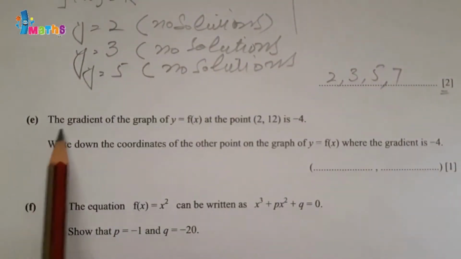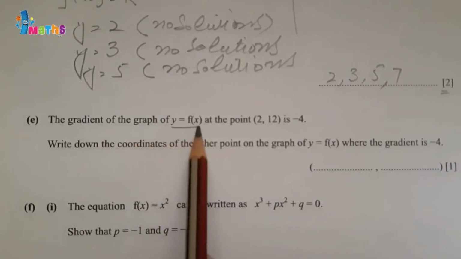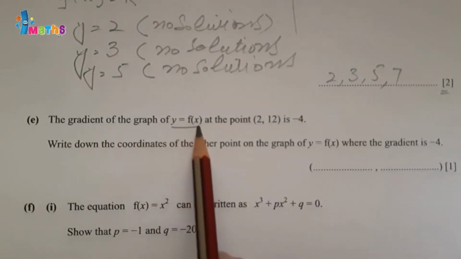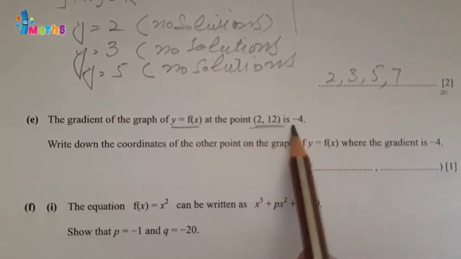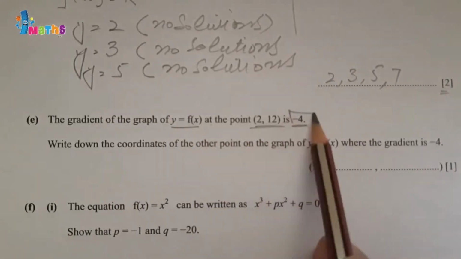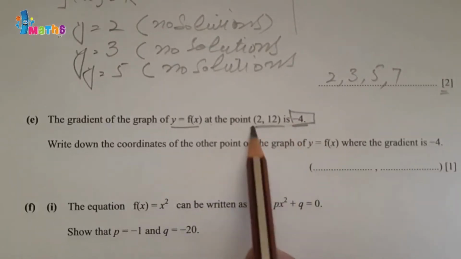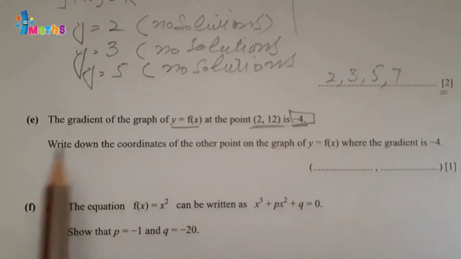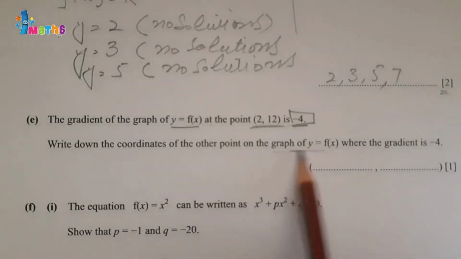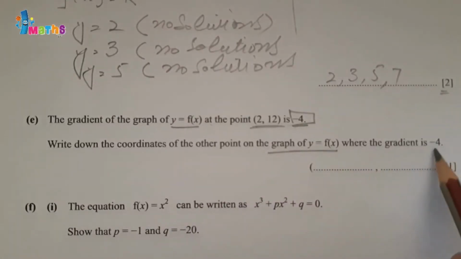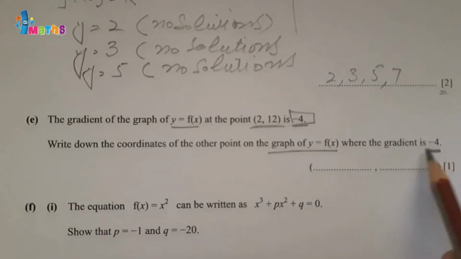Part E. The gradient of the graph of y is equal to f of x, which we have already drawn, at the point (2, 12) is minus 4. So the gradient they have provided us is minus 4 at (2, 12). Write down the coordinates of the other point on the same graph where the gradient is minus 4.